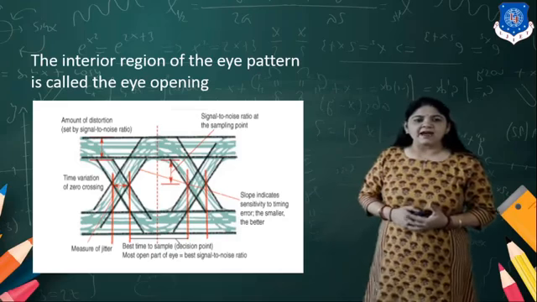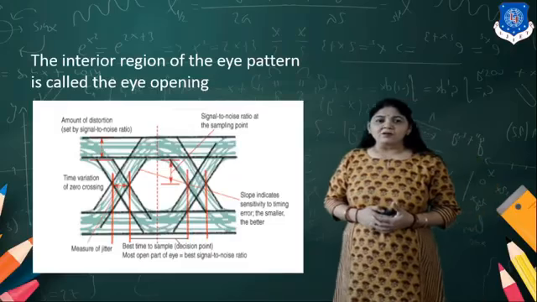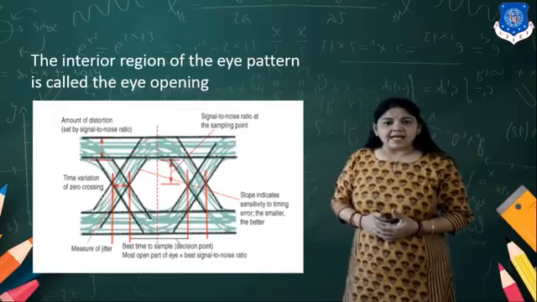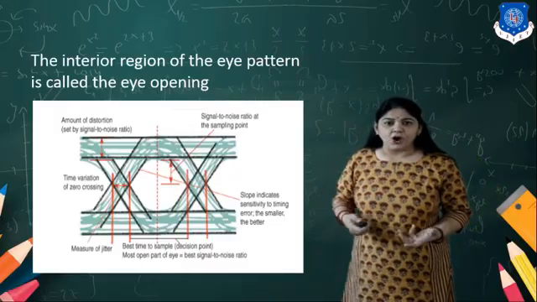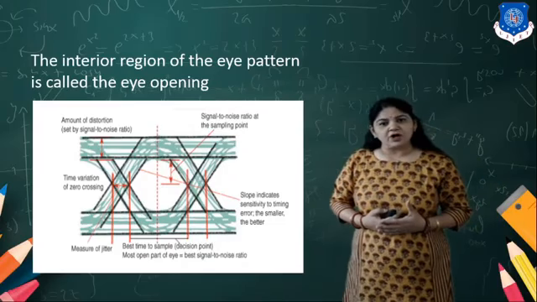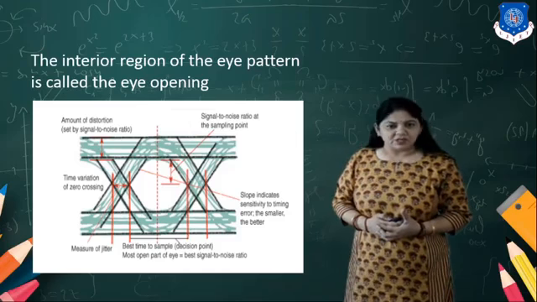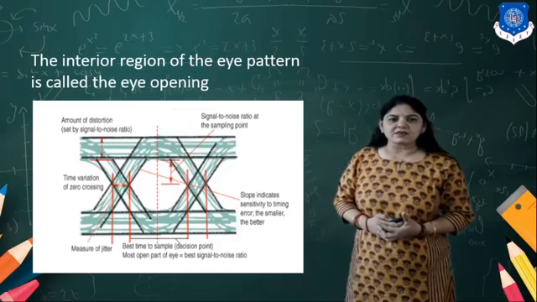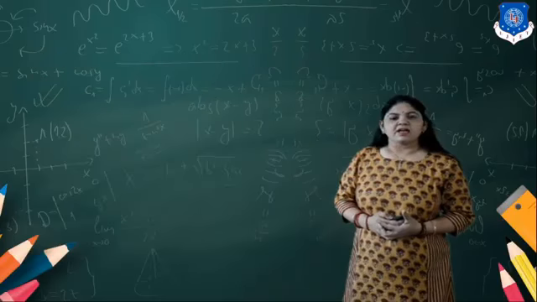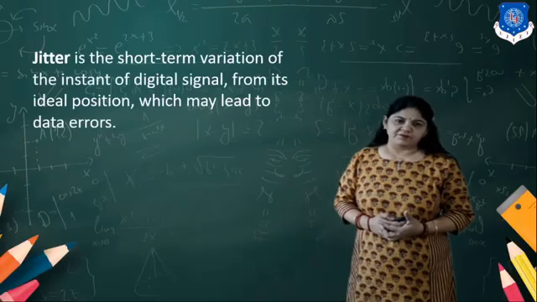This way we can get an idea about the ISI, the effect of noise, or the amount of noise in the signals in the case of digital transmission. So it is a very important tool in communication.